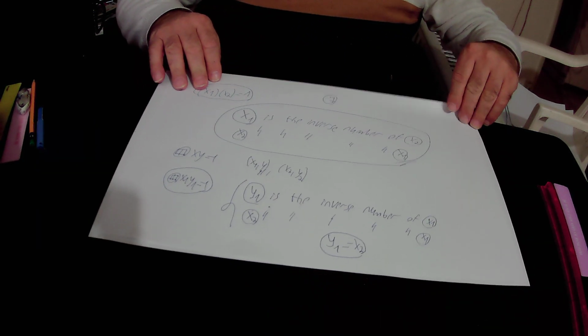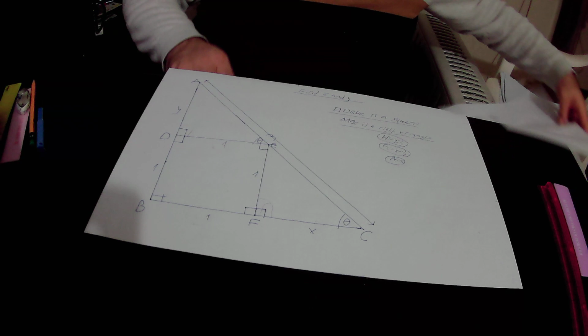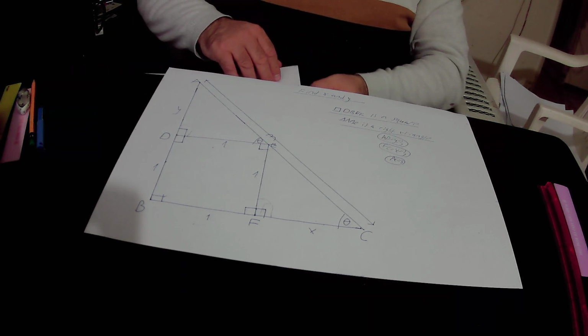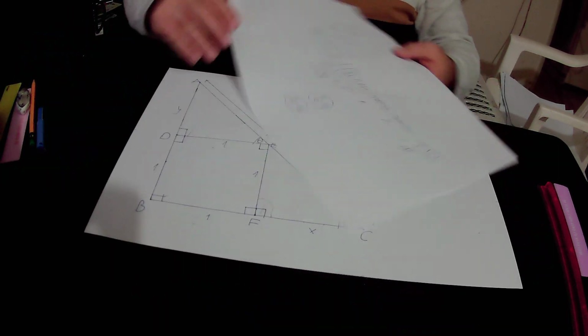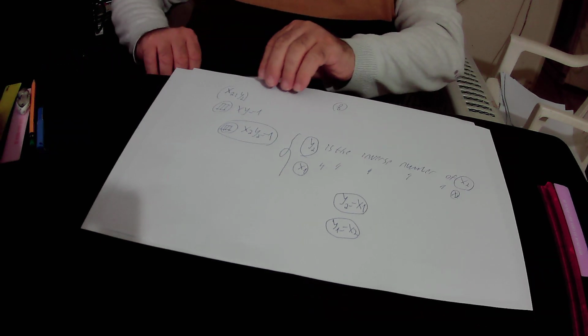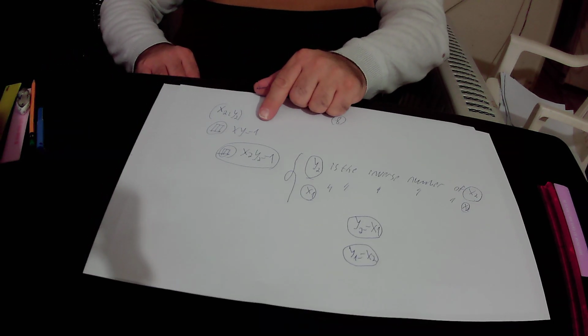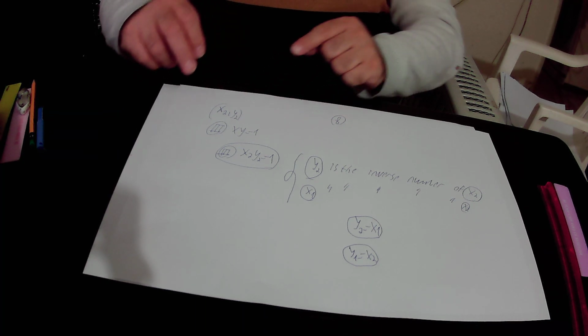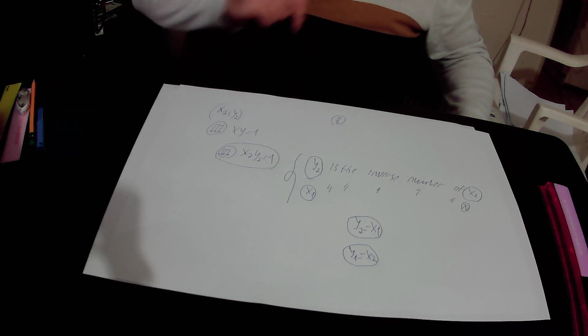Okay? Likewise, we put the second solution, that is to say x2, y2, inside equation number 3, xy equals 1. Here x equals x2 and y equals y2. And we get that x2 times y2 equals 1. What does it mean?